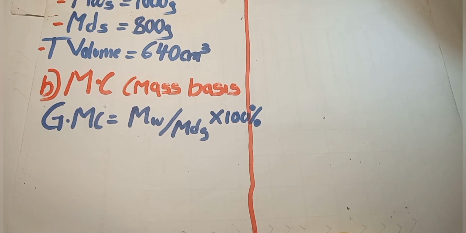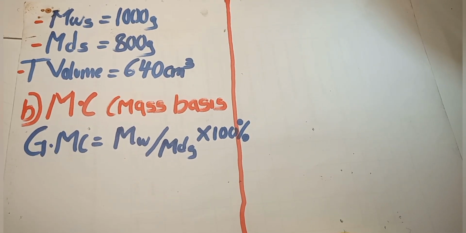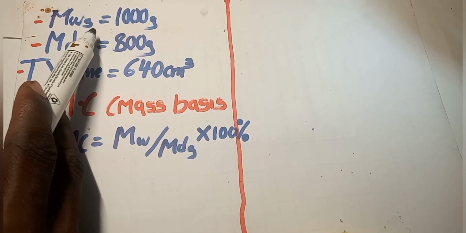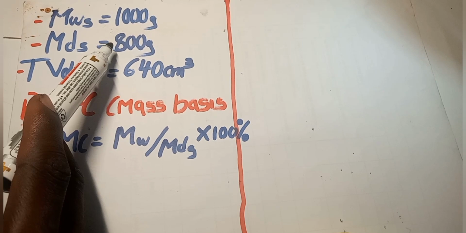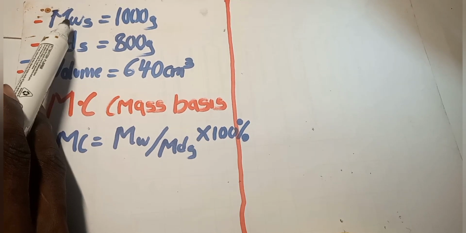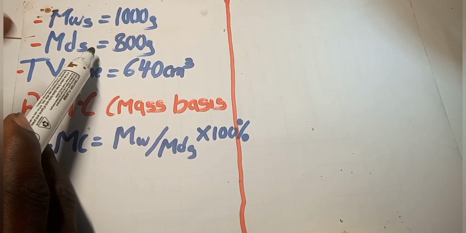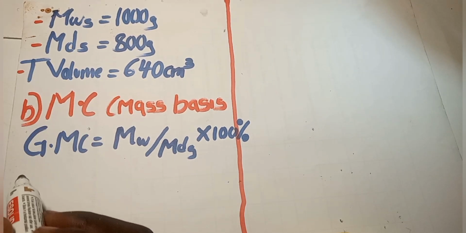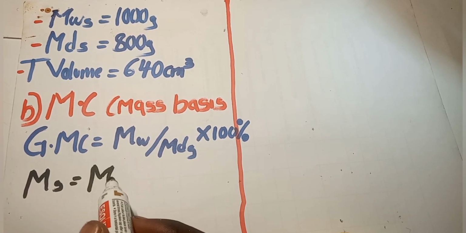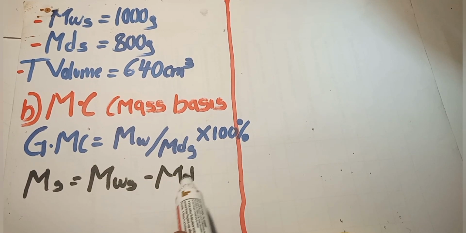Don't forget that the only thing that makes the weight of the wet soil heavier than the weight of the dry soil is the water content. So if you want to get the mass of water, you have to subtract the mass of the dry soil from the mass of the wet soil. The mass of water is equal to the mass of wet soil, MWS, minus the mass of the dry soil.